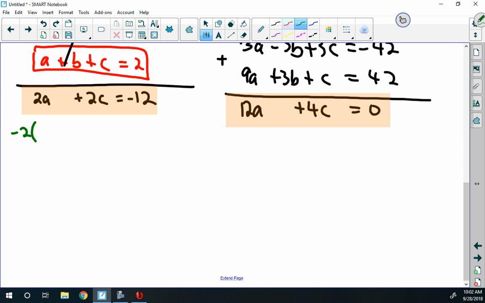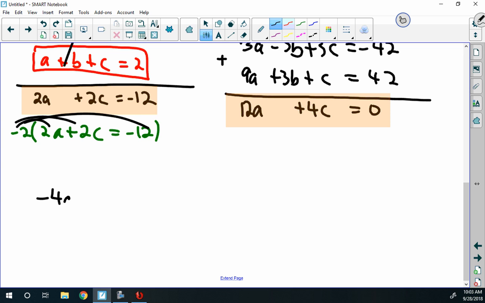So negative 2 times 2a plus 2c equals negative 12. We're good at the distributive property. Make sure you distribute all the way through here. So that's going to be negative 4a minus 4c equals 24 now. And then we could just copy this other one, 12a plus 4c equals 0.